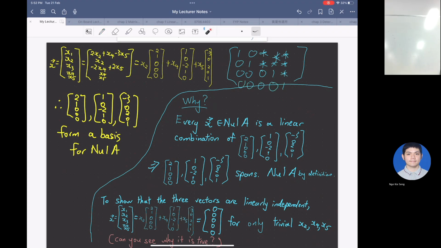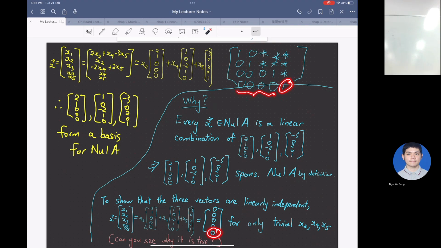What you can see is that toward the right of the pivot, the entries must be zero. If you want a combination of these vectors to give zero, for example in the last row here, there is no non-zero solution, because here it only has zero, but here it has one.